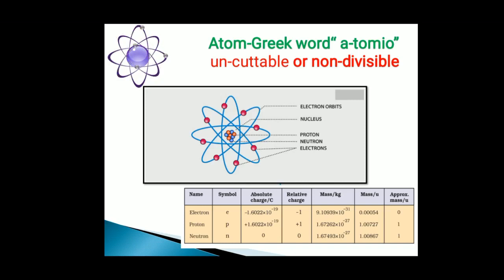These are the electrons, protons and neutrons, right? So we can divide an atom into subatomic particles, which are electrons, protons and neutrons.